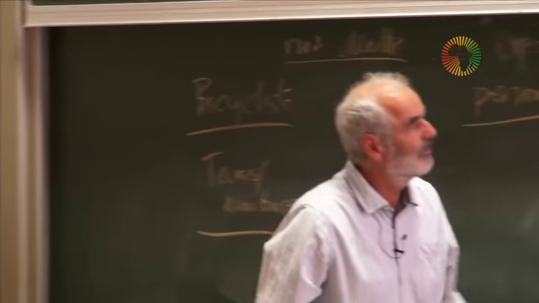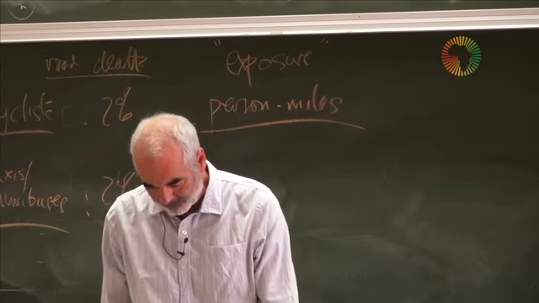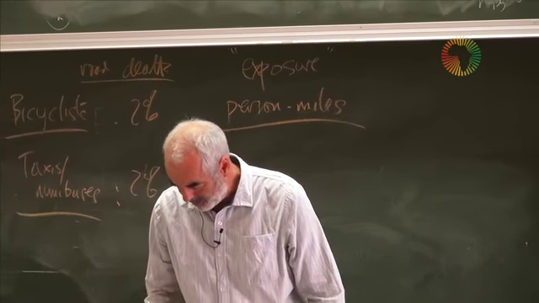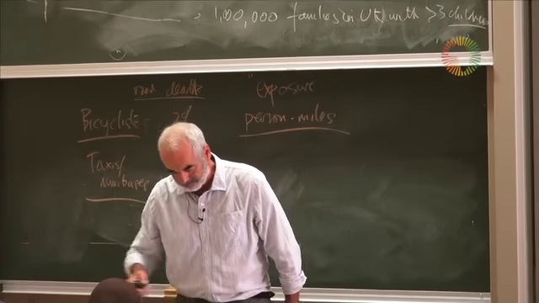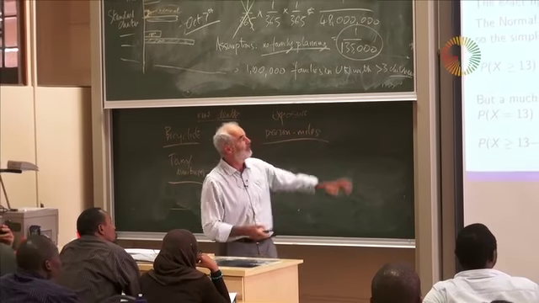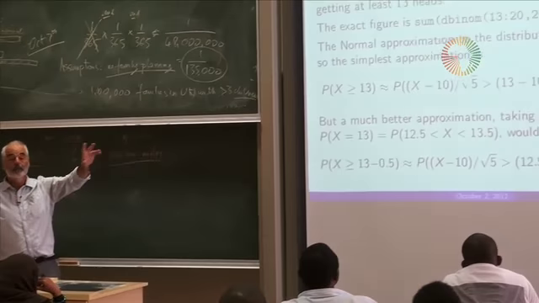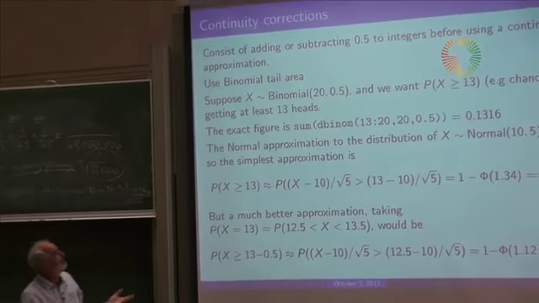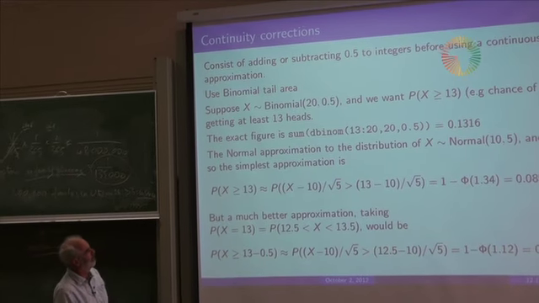Okay, right. Let's just finish off. I've just got a couple of things to do. Three more slides. These are just things people have asked about, so stuff we're going to do in the practical. Things people have asked about is continuity corrections.